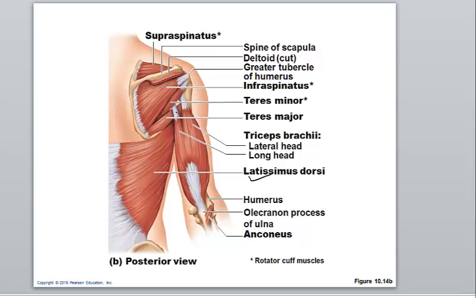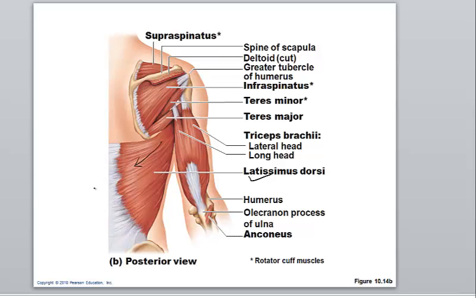What is its function? Its action is a prime mover of arm extension. Okay, arm extension. So that means if it contracts, it's going to keep the arm straight. So it's going to pull the arm this way. Okay, so that's basically what your latissimus dorsi is going to do.